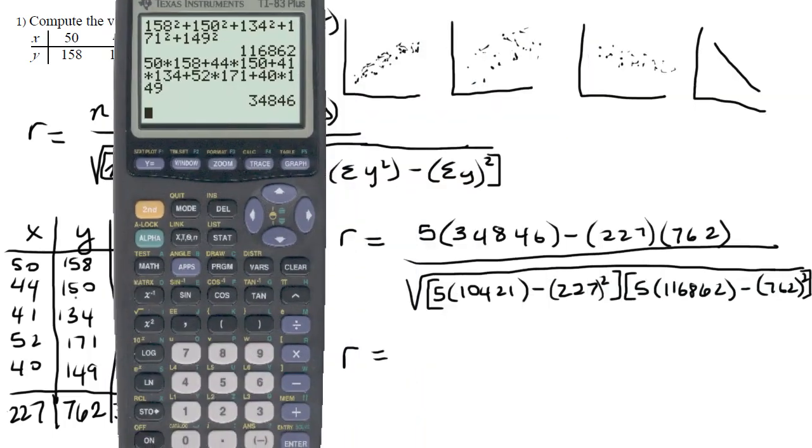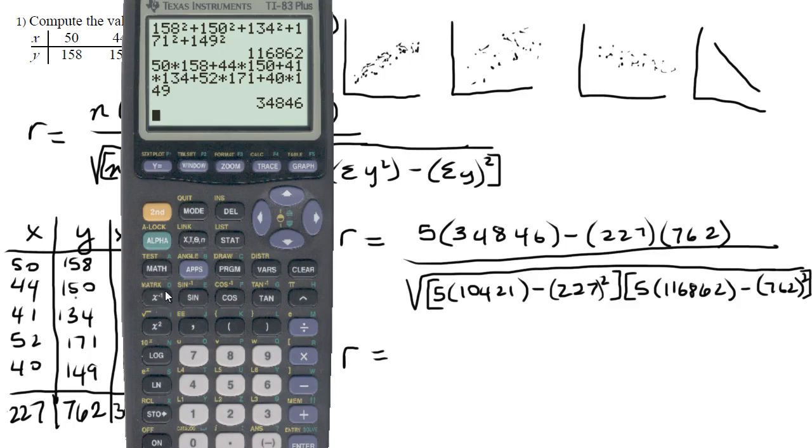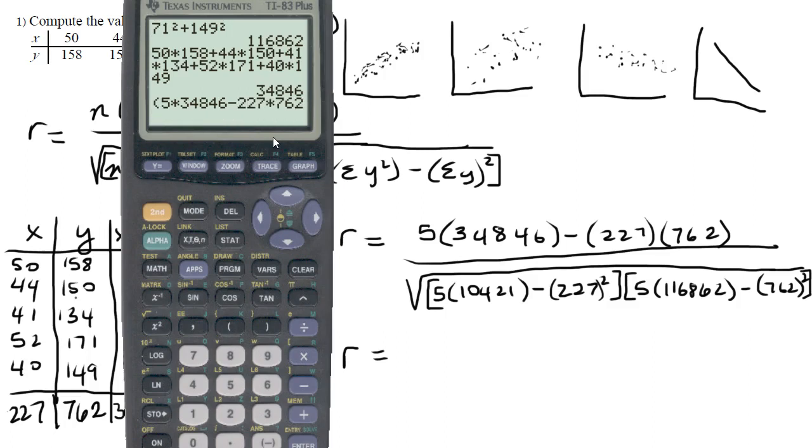Okay, let's move it over here. So let's put these in and see what happens. So I'm going to put parentheses around my numerator. So I've got 5 times 34846 minus 227 times 762.